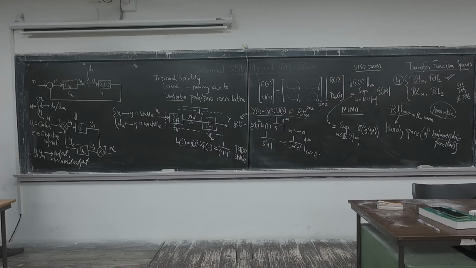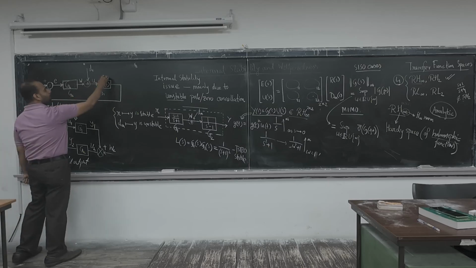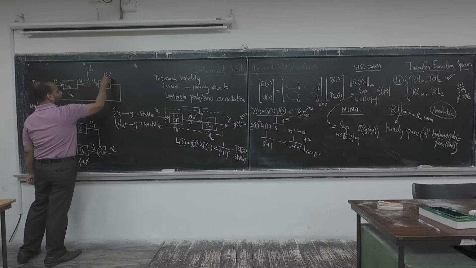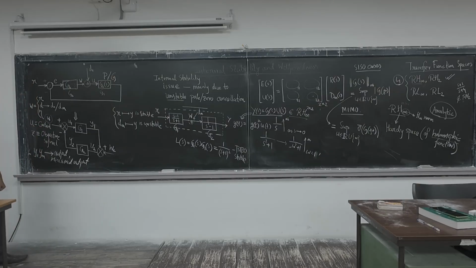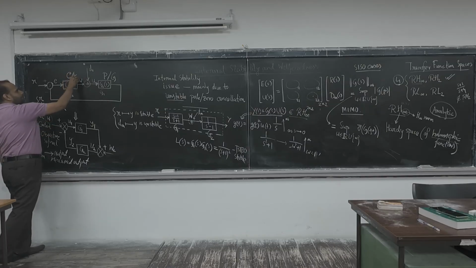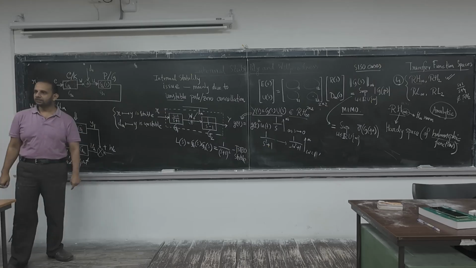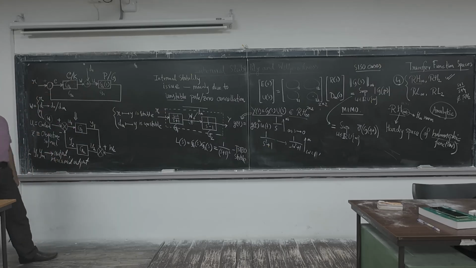Usually we write this as a plant P, or simply G. We use both letters P and G to denote a plant, and we use C to denote a controller, either C or K. But from now onwards, we will look at it as only an interconnection of two systems. We don't know which one is plant and which one is controller.